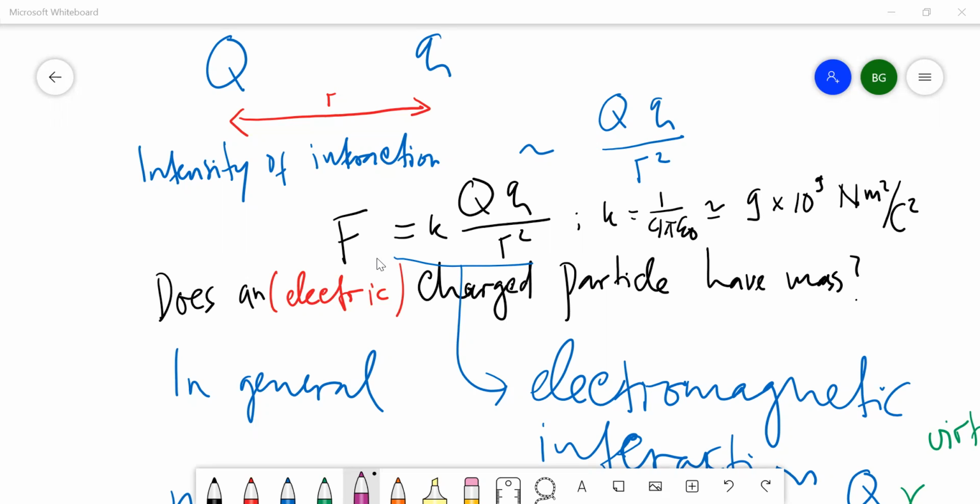If we say this interaction is a force, it means that we say that the particle has a mass, okay?